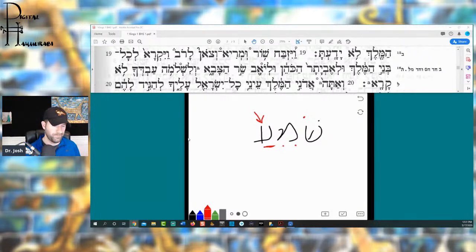Normally in Hebrew you read the consonant, then the vowel, then the consonant, then the vowel. But here you're not reading sho, mei, you're reading sho, mea. That little patach allows that ayin to have a little bit of a pronunciation. So shomea.